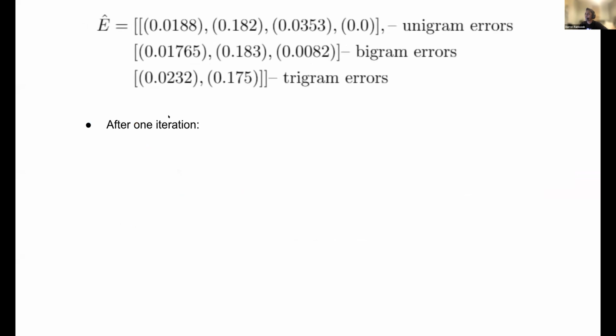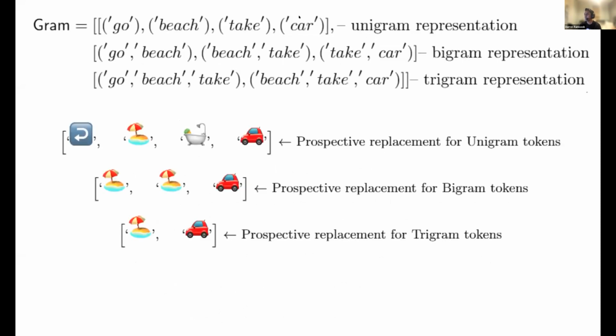So what we want to do now is looking at the errors. We're gonna choose the token that has the least mean square error and assign that token an emoji. So E hat is a list of all the errors. In this case, this token has the least error, which is 0.0, which means that the word car also exists in either the Unicode or the emoji dataset to describe this emoji.